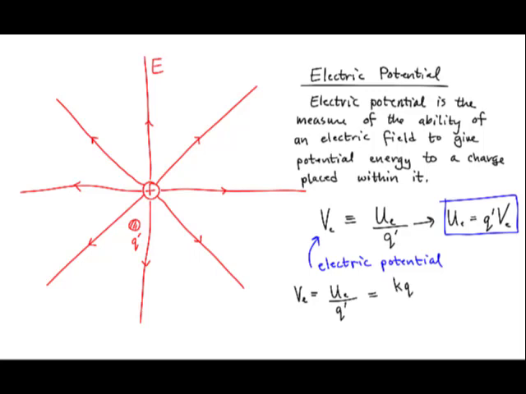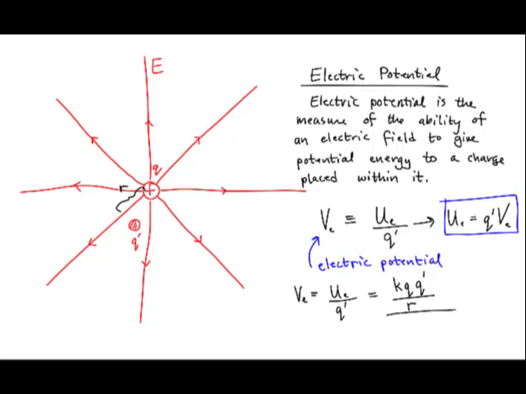So in this case, I'll label our charge in the middle over here, Q. So the electric potential energy is directly proportional to the product of the charges, Q and Q prime, over the distance between them. So let's label this distance here. This distance is a distance of r.